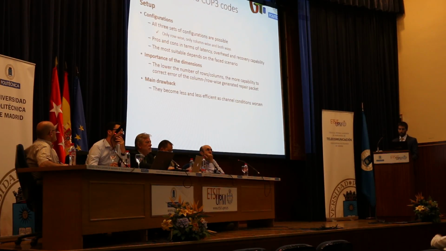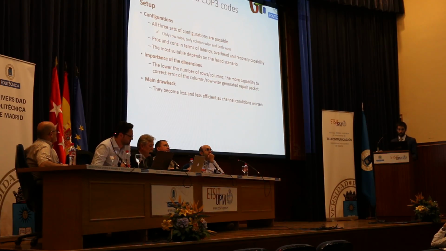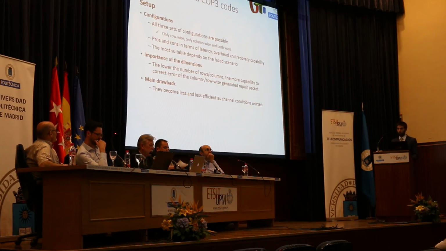So, as I said, we have these three types of configurations: row-wise only, column-wise only, or both ways. Selecting one over the other will depend on the scenario that we're facing, because all of them have different pros and cons in terms of latency, overhead, and recovery capability.